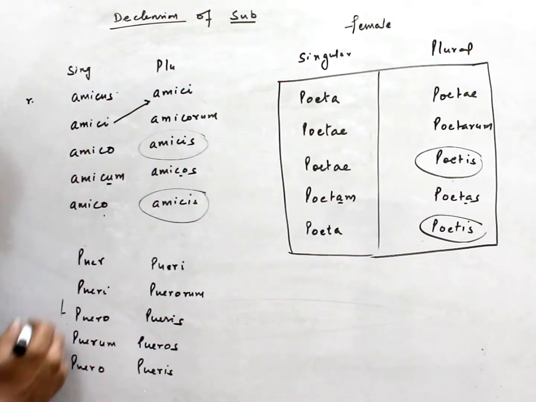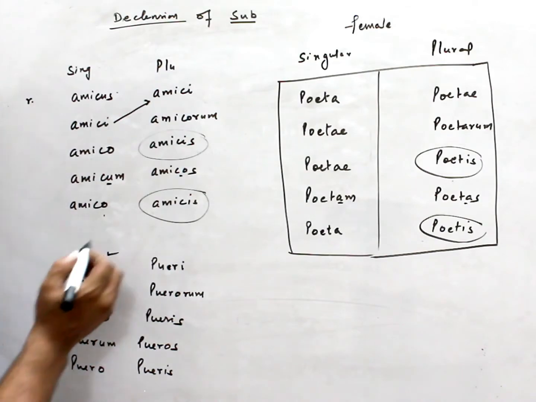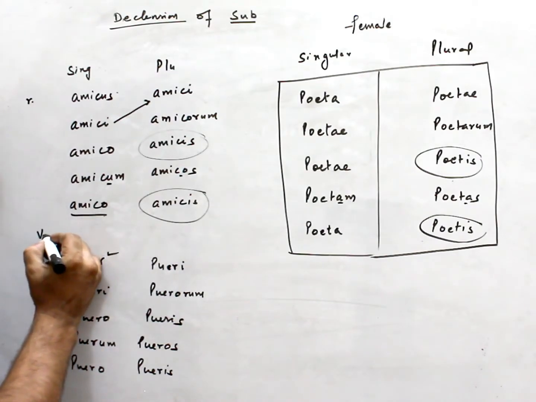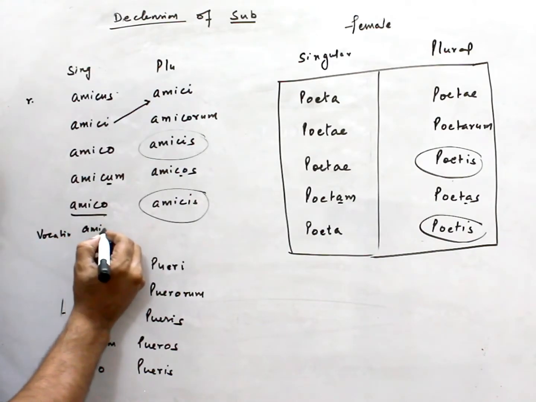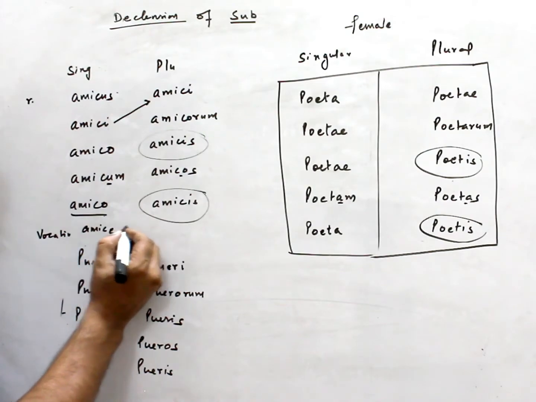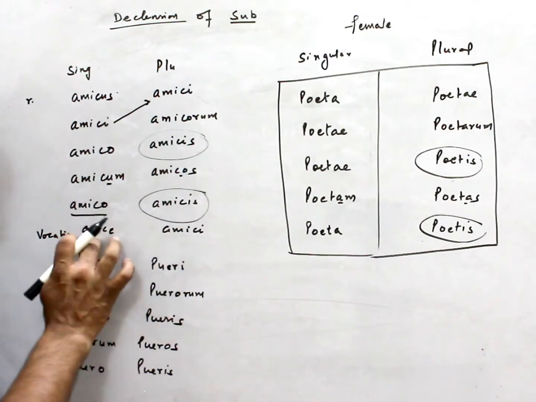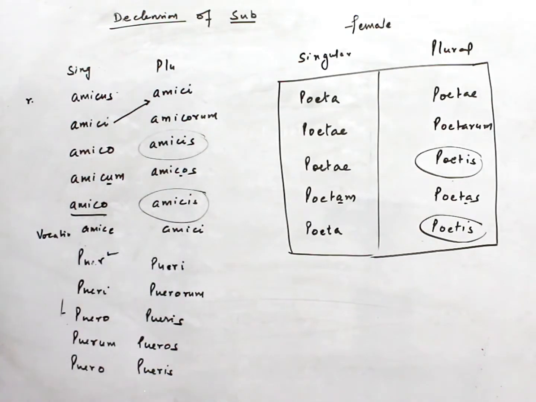So this is for R ending. And the vocative for this is amici. This we think about later. These things you need to remember.